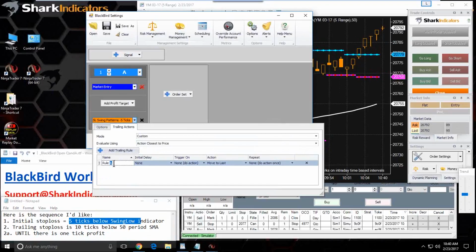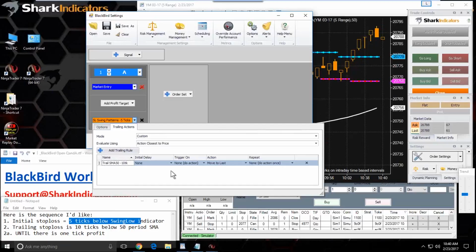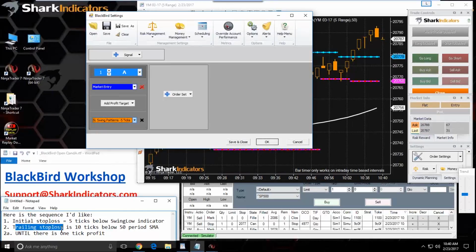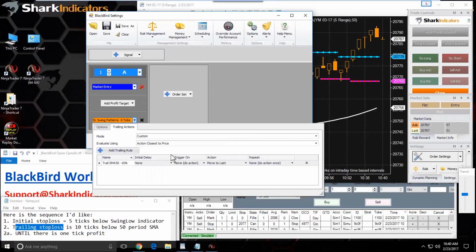Okay. Let's see. All right, so we're going to trail the SMA 50 minus 10 ticks. There we go. All right. So when we start trailing, there is no condition that starts the trailing.